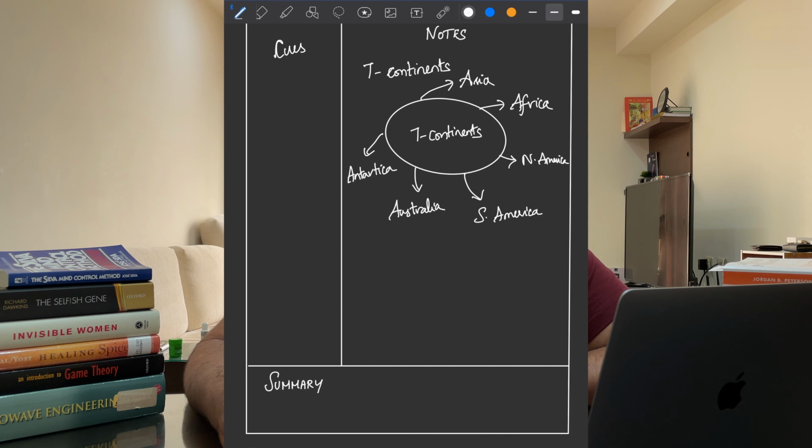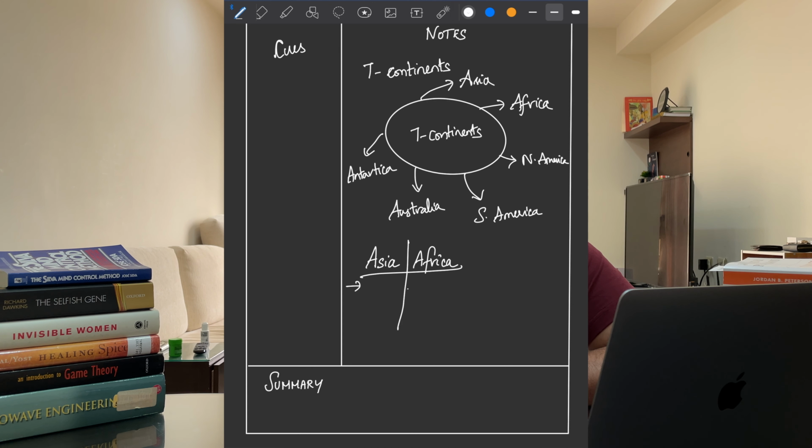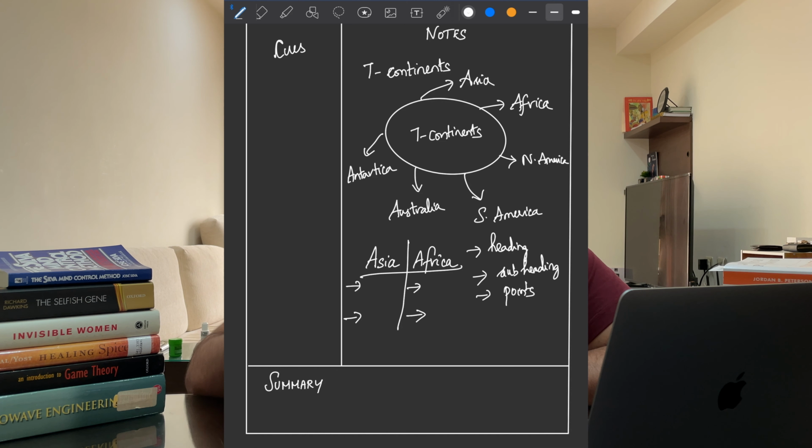And when the professor starts comparing 2 continents, let's say Asia and Africa, you can bring back the charting note-taking method and start taking notes on both sides. And also you can take structured notes like the headings, subheadings and the points. This way you are incorporating all the note-taking methodologies into the kernel method.